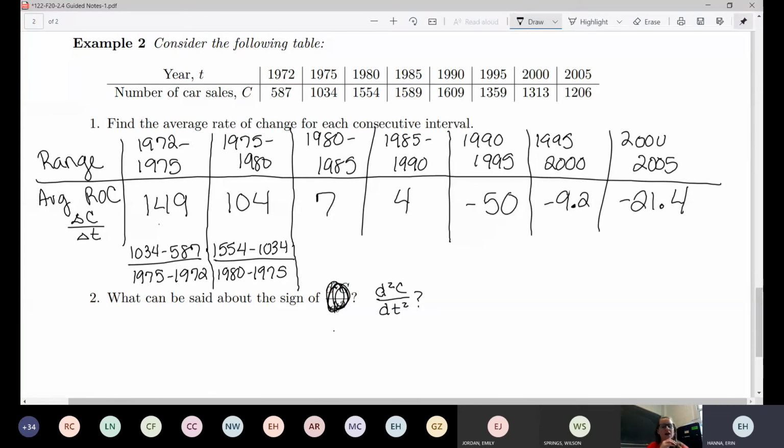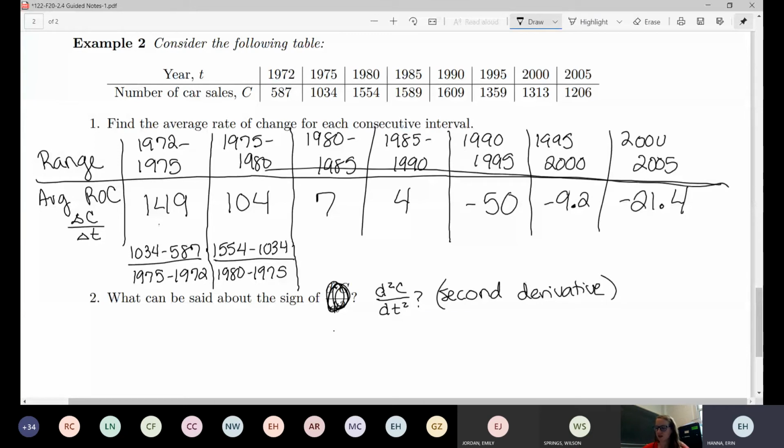What can be said of the sign of d squared C over dt squared, which is essentially asking for the second derivative? Now, if you think about it, we used the average rate of change to estimate a derivative value.